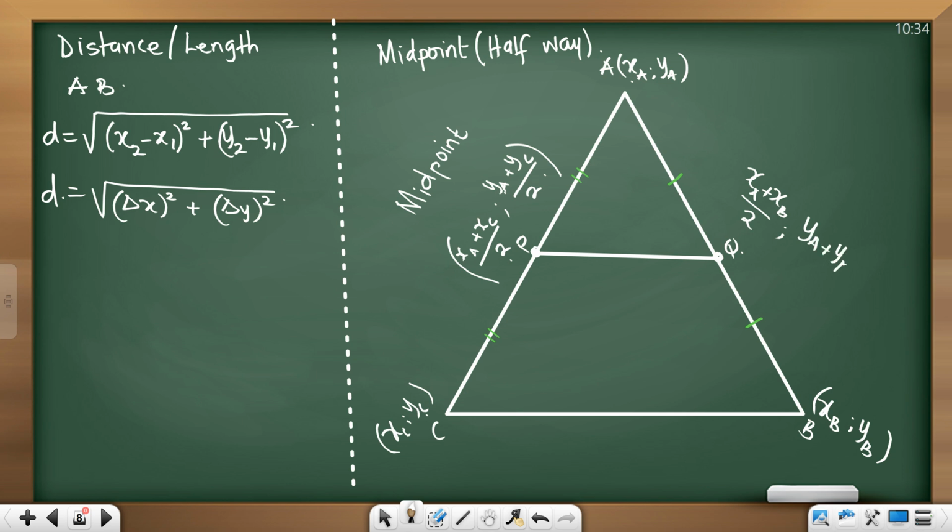YA plus YB over 2. There's a midpoint theorem here now. This is Euclidean geometry. Therefore means that what? TQ will be 1 over 2 BC.